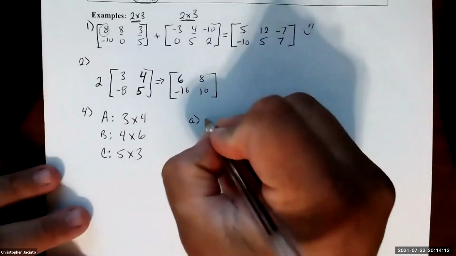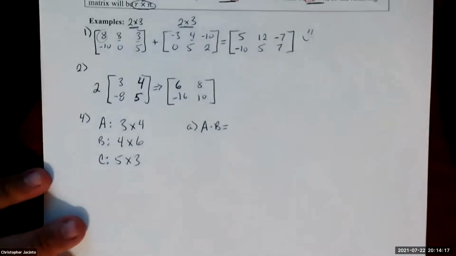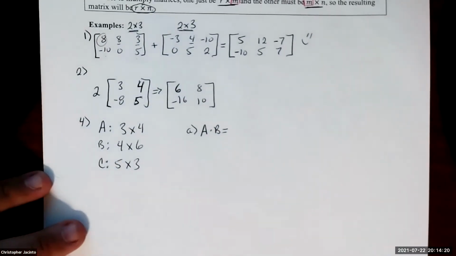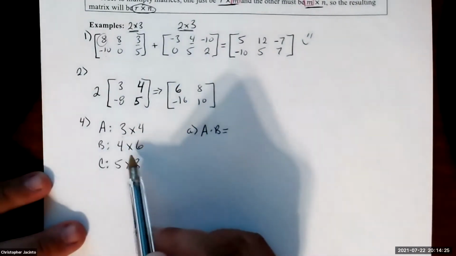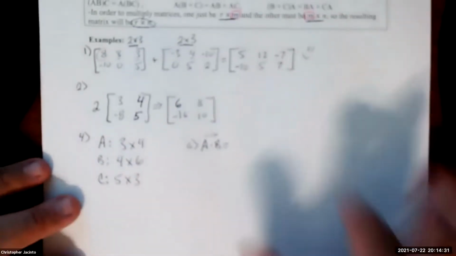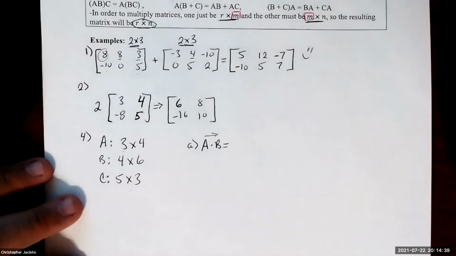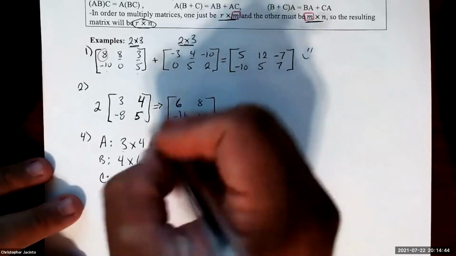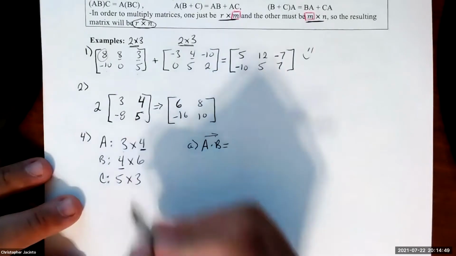So first thing, is this possible? If I say A times B, what would the result matrix end up being if we multiplied it? Here's A and here's B. Going across as we read, A comes first. So according to our rule, the column of this must be the same as the row of that, and it is.